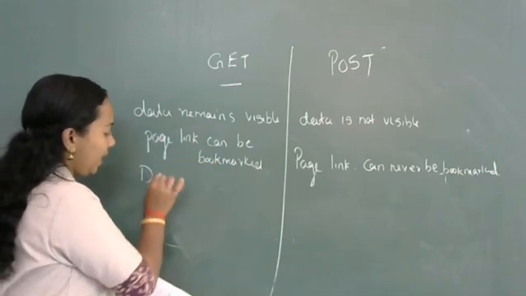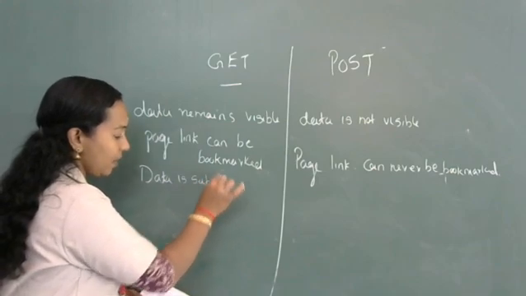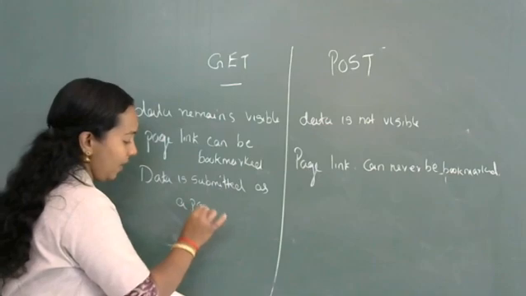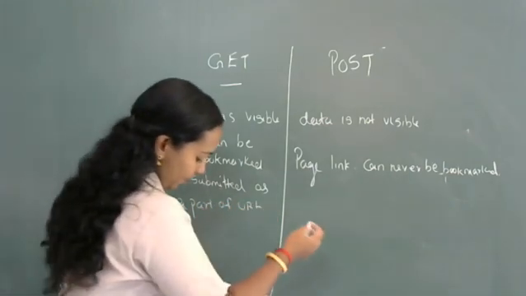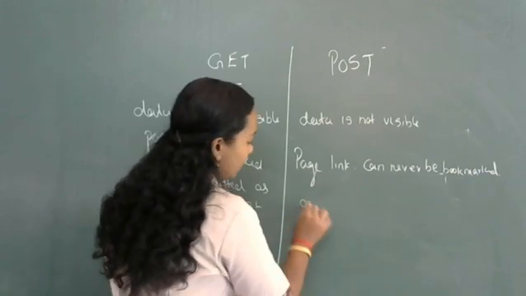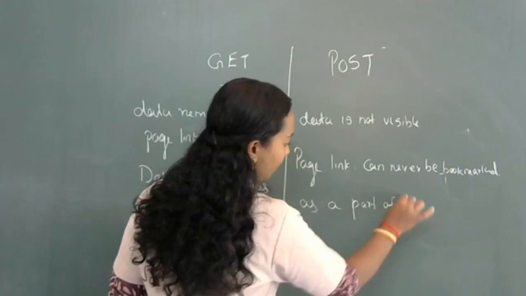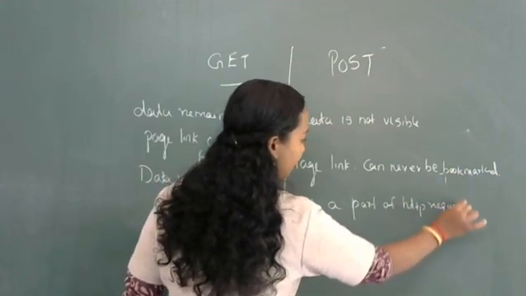Then, in get method, data is submitted as a part of URL. In post method, data is submitted as a part of the HTTP request.